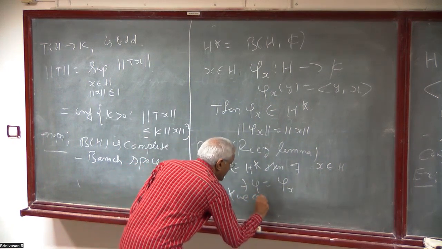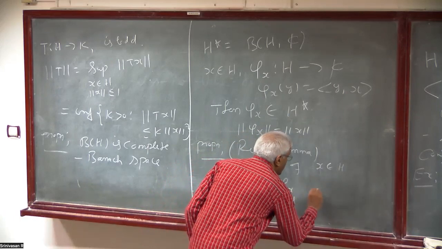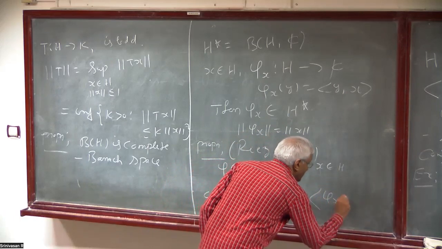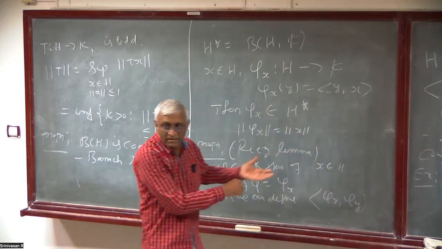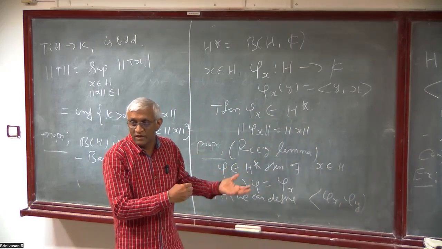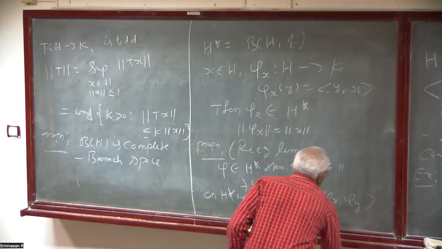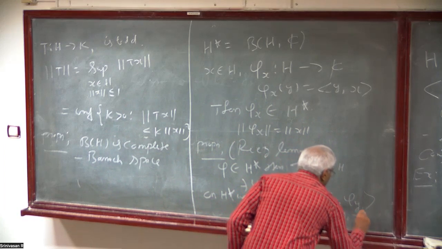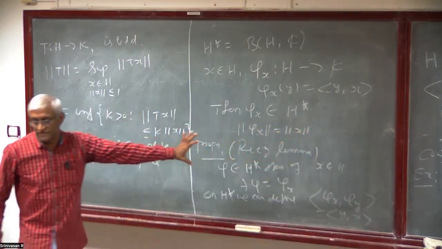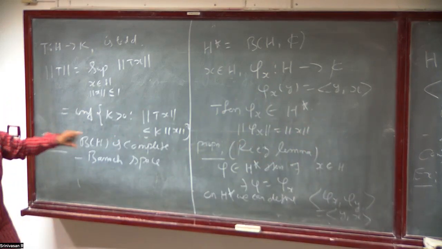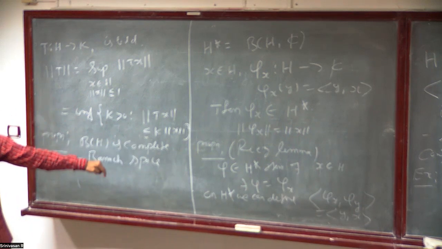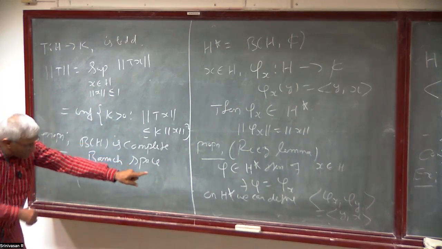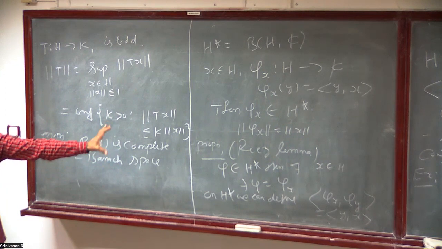Then x going to P_x is a bijection which satisfies the preserving of the inner product.